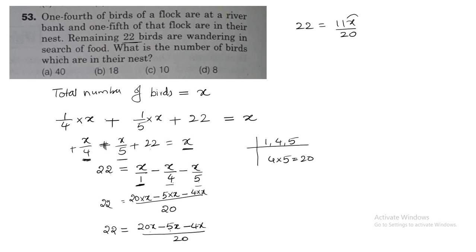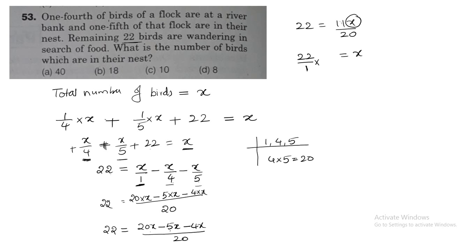Now since I need the x value, this 11 by 20 is in multiplication form, so 11 by 20 into x. Since I need the x value, I need to transpose this 11 by 20. Already on the left hand side I have 22, and if there is nothing in the denominator, 1 is present there.